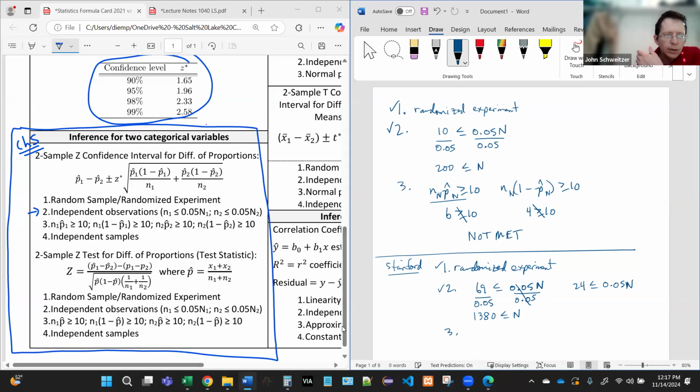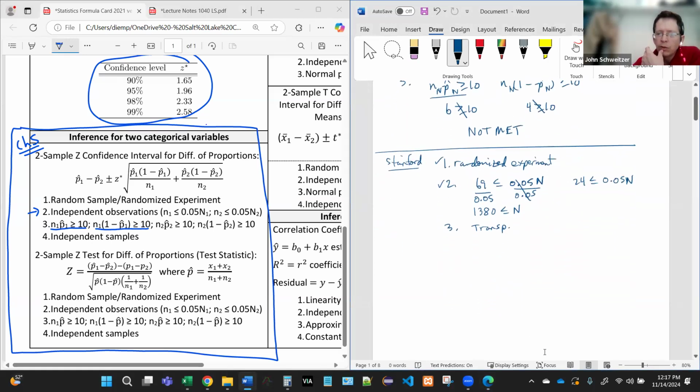But again, I think we're going to fail here on the third requirement, right? We need to have at least 10 successes and at least 10 failures in both groups. So among the group getting the transplant, how many successes were there? There were 24 successes. That's more than 10.